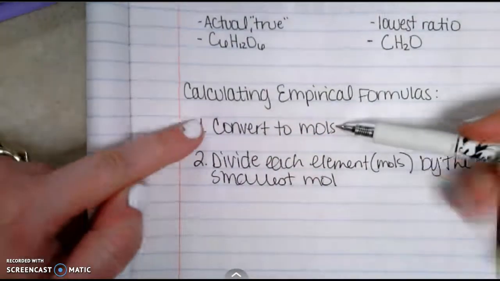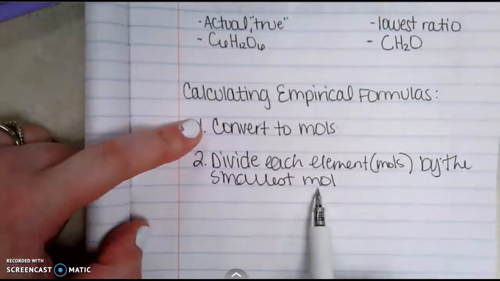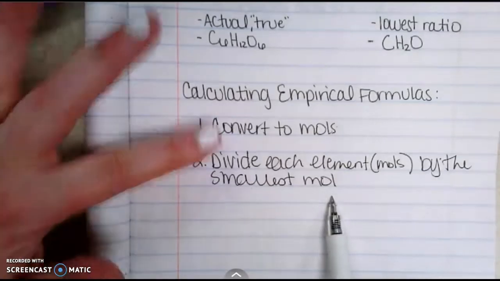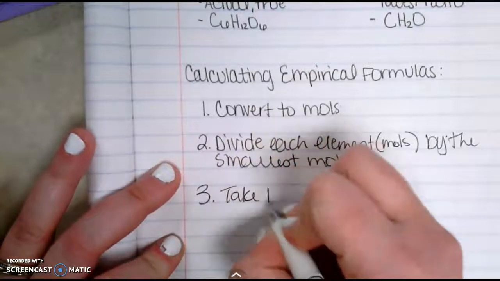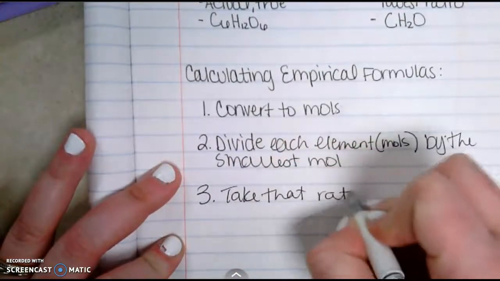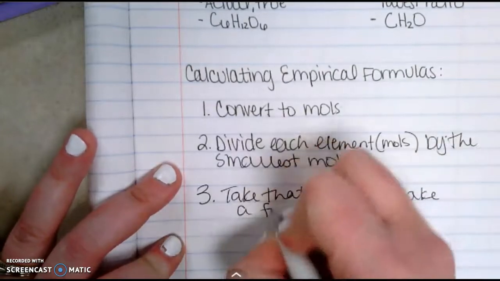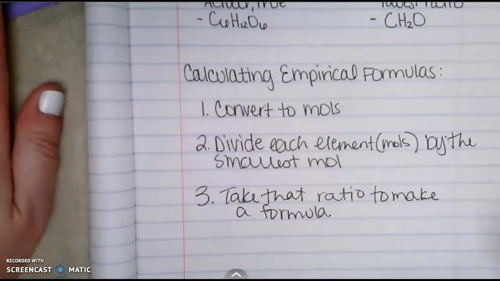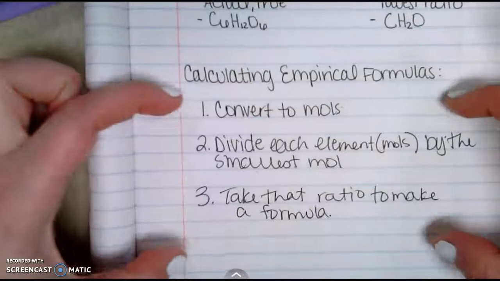So we're going to convert everything to moles, find the smallest mole, and divide everything else by that number. You'll see what I mean in a minute. Then we're going to take that ratio to make a formula.